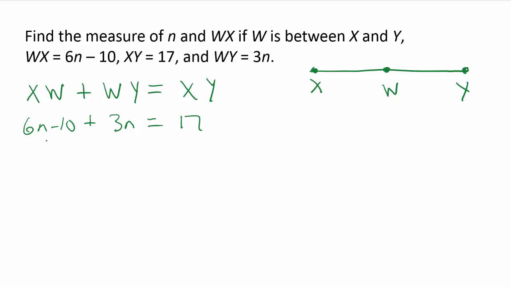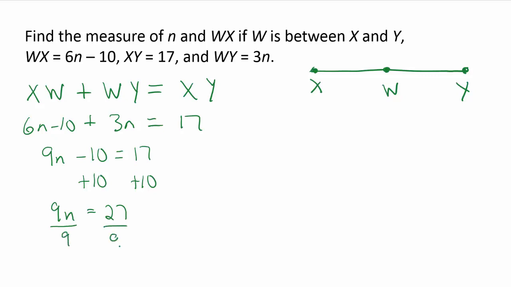Now what we've got to do is solve for our variable N. On the left side of our equation, we're going to combine like terms. So 9N, because 6N plus 3N is 9N, minus 10 equals 17. We're going to add 10 to both sides. And now we're left with 9N equals 27. Divide by 9 on both sides, and N equals 3.